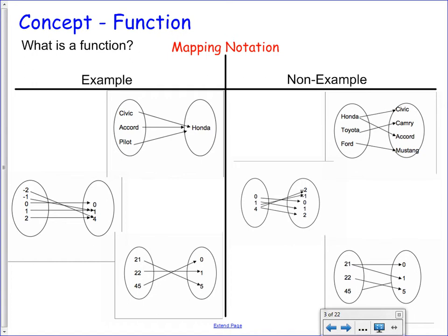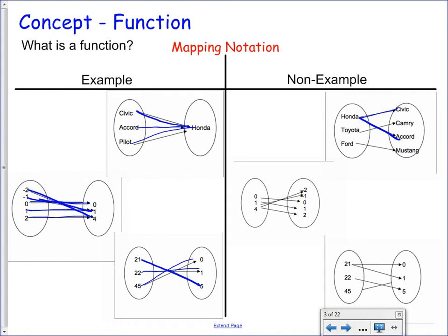If I were to look at the left side, a Civic is used once, an Accord is used once, a Pilot is used once. A -2 is used once, a -1 is used once, 0 is used once, 1 is used once, 2 is used once. 21, 22, 45. If I look here, Honda is being used twice.